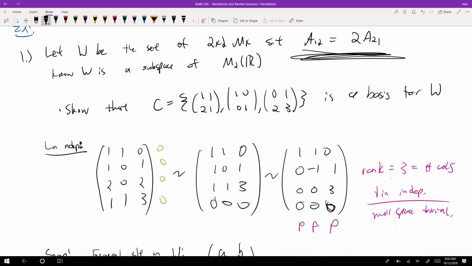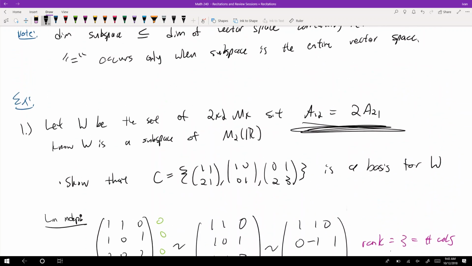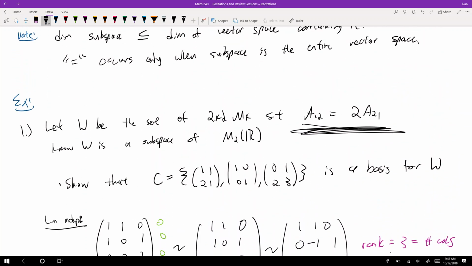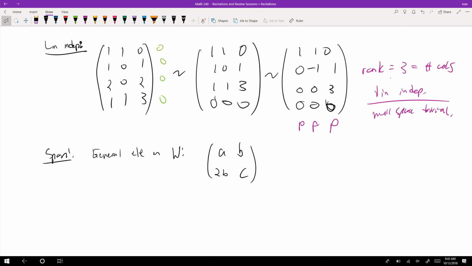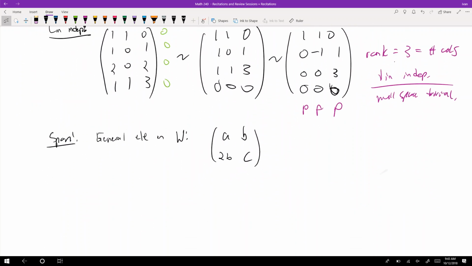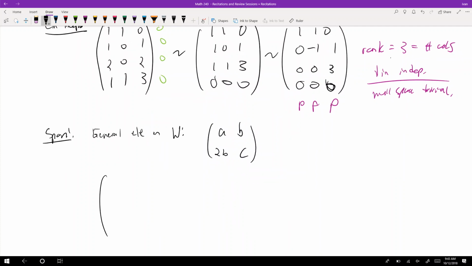Okay. So again, this was a subspace condition. We needed to form a general element that satisfies that subspace condition. And now we just take our matrix from above, and we need to add in A, B, 2B, C as an augmented matrix.